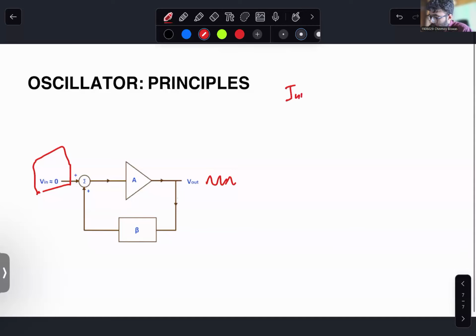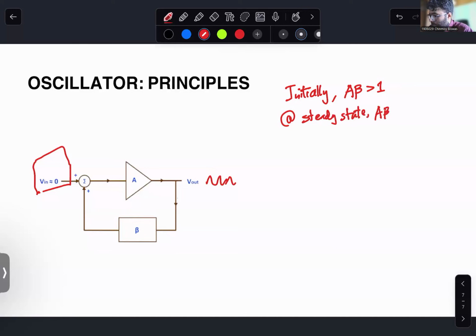Initially, in the oscillator circuit, the loop gain is set to be more than 1. And because of this, the noise signal of a particular frequency will get built up over time, and once the signal reaches a particular input voltage, the loop gain of the circuit will become 1. And in this condition, the sustained oscillation will be maintained.